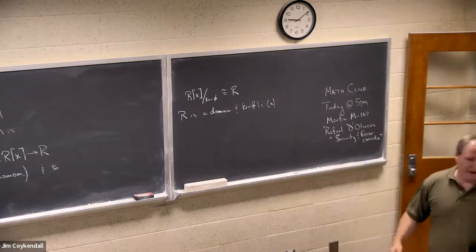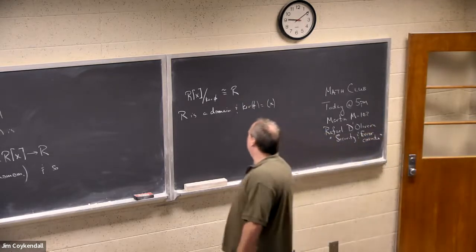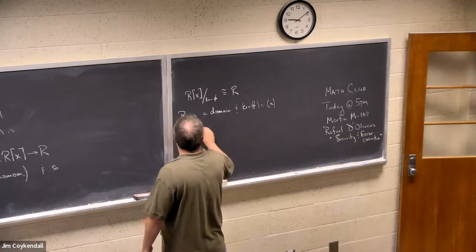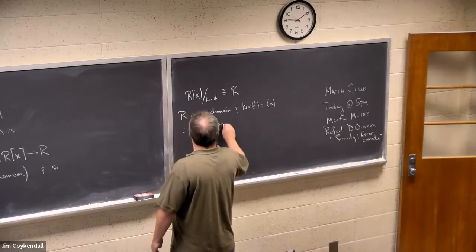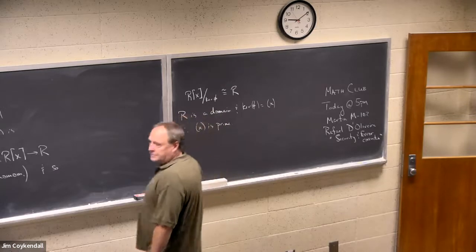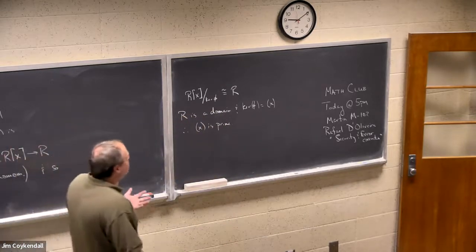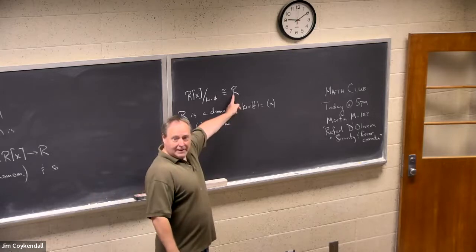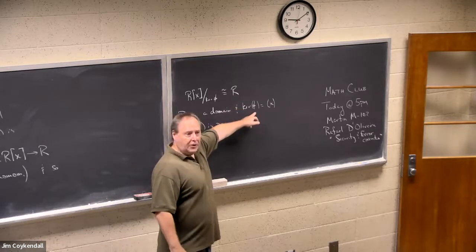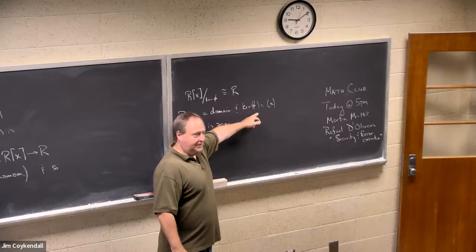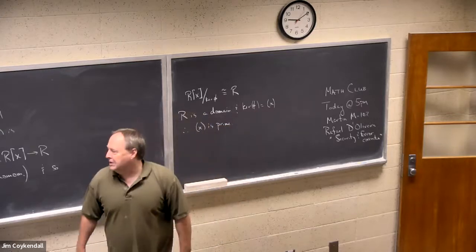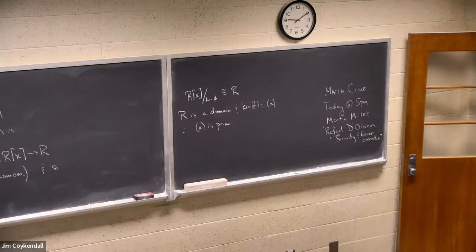The stuff that goes to 0 has that factor of x in it. Therefore, x is prime. It's also easy to see that if R is not a domain, then neither is R[[x]]. Well, this is still the kernel of that map, and so that's where you get the if and only if there.